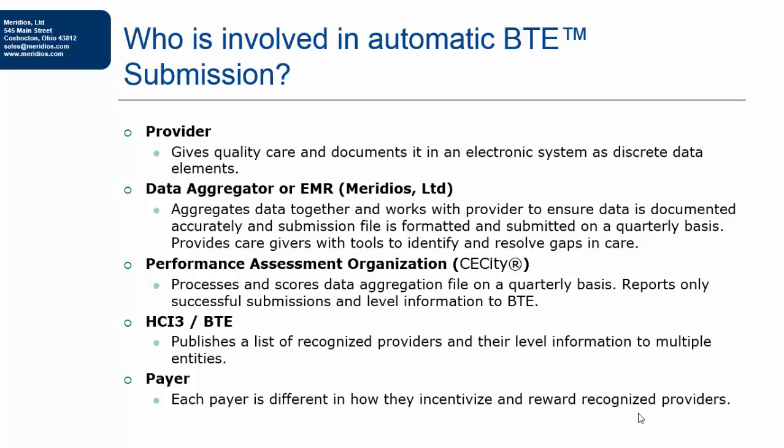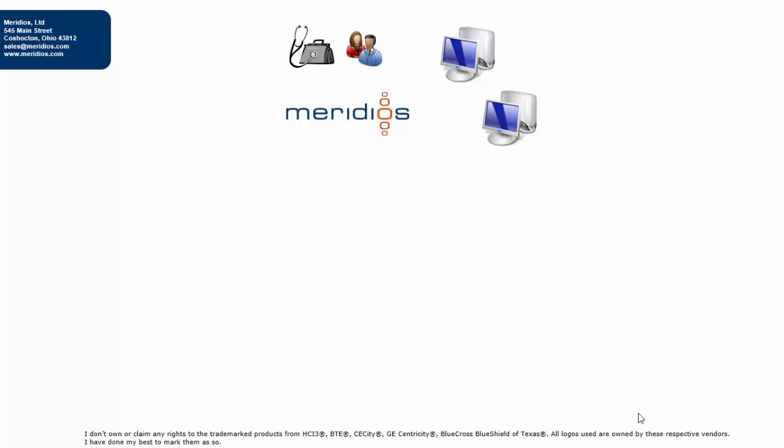With that said, I want to give you a visual representation of how this process works. I'm going to walk down through how this might look. The first thing that needs to happen, at the very top of this process, is the providers giving excellent clinical quality care. Once they've provided good clinical quality care and they're storing it in an EHR, something they can actually pull it back out of, you can work with a data aggregator.